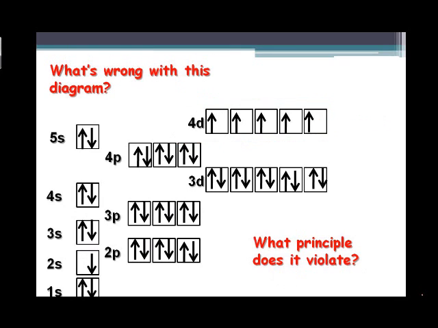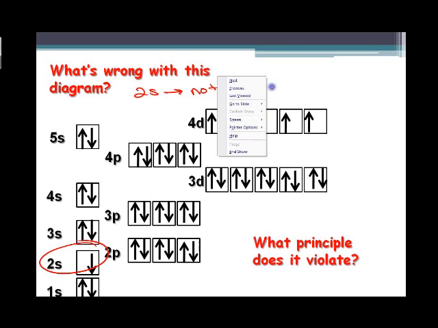One more. Again, we see the problem in the 2s sublevel. It is not completely filled. What principle does this violate?